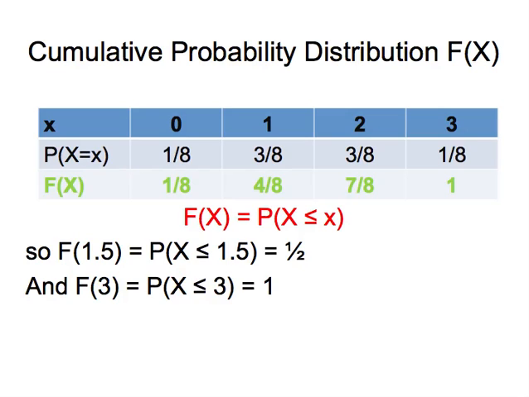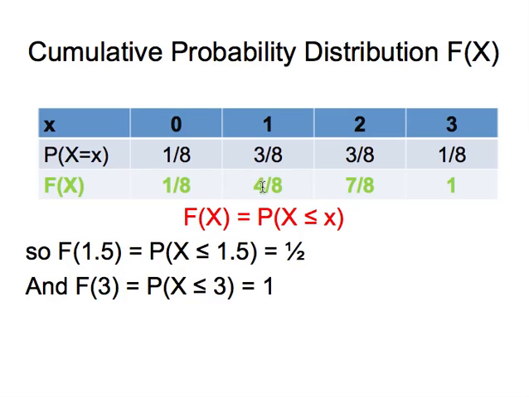So for the cumulative probability distribution, notice here my formula: F of x is equal to the probability that x is less than or equal to some value. I've inserted a third row here to indicate the cumulative values. The first value will be 1 over 8.